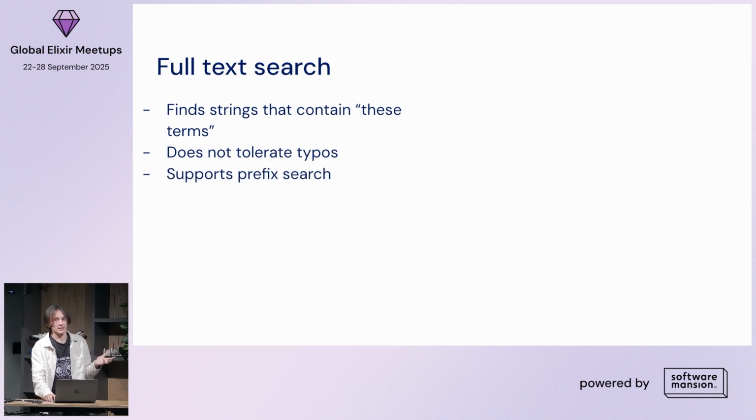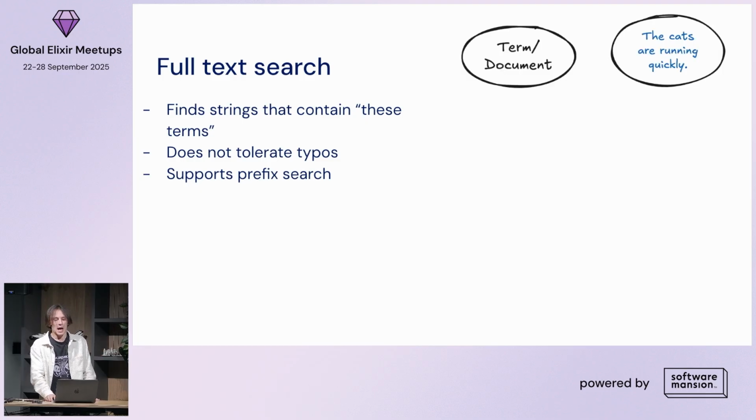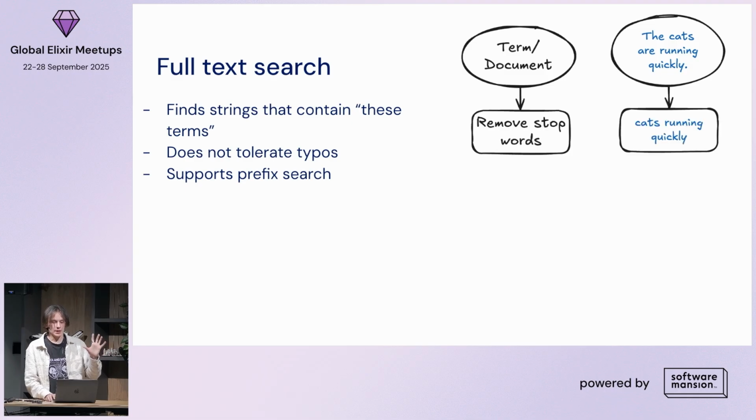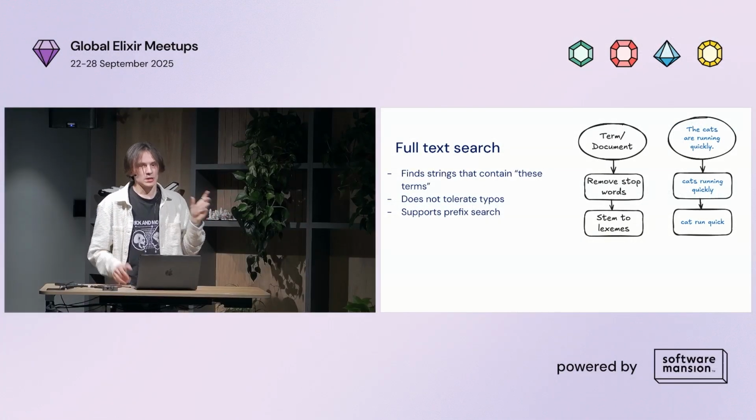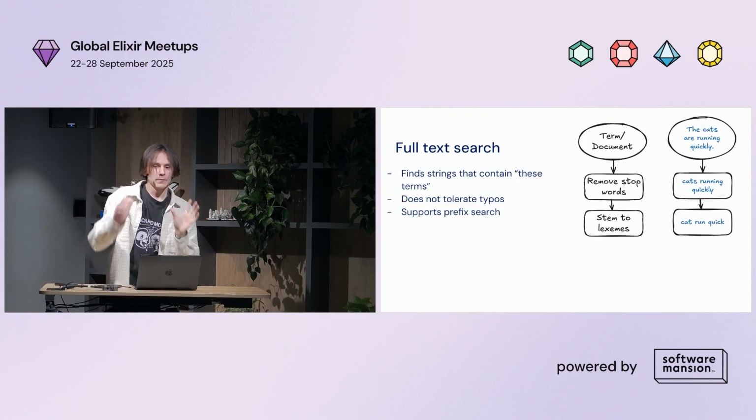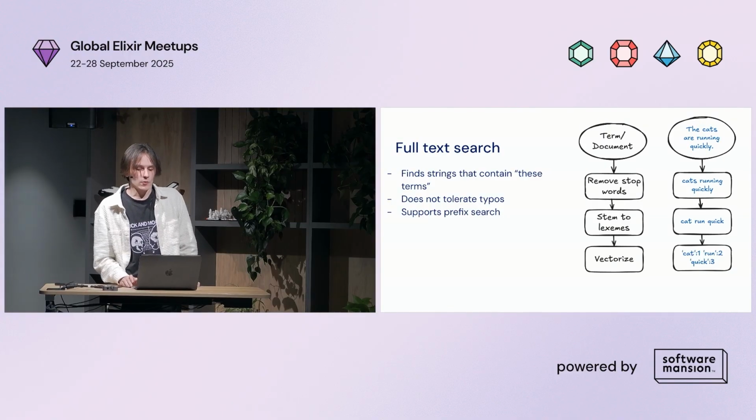It supports prefix search, so we can actually prefix search our long chunk of data, which is really cool. So we have a sentence, then we remove stop words from the sentence, the words that do not bring any value to the meaning of the sentence. Then we stem them to lexemes, so we bring the word into its initial form. Then we vectorize them.